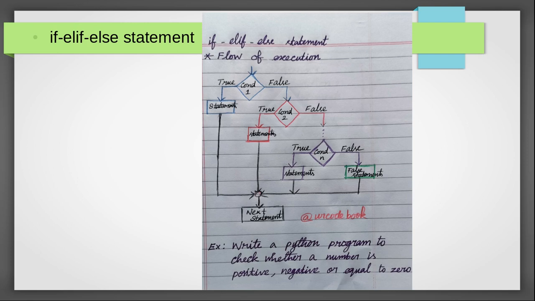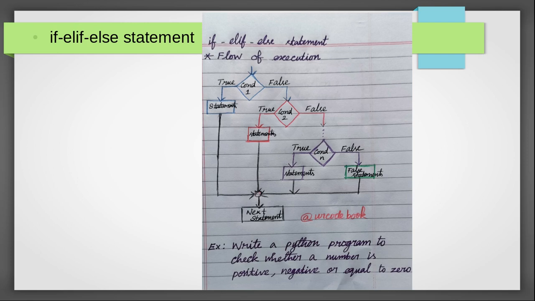If condition 1 evaluates to false, the control goes to check condition 2, and similarly up to condition n. If none of the conditions are satisfied, the control goes to the else part of the statement. So at any time, once a particular block of statements is executed, the control goes to the next statement.